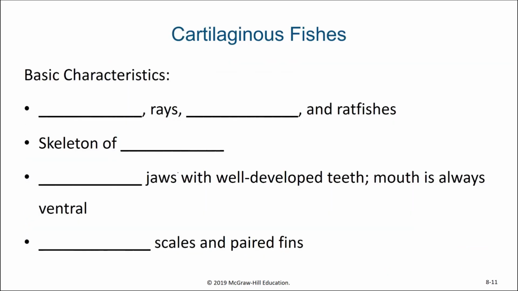Our next group of fish are the chondrichthyans, or cartilaginous fish. These include sharks, rays, skates, and ratfish. They have a skeleton made entirely of cartilage.